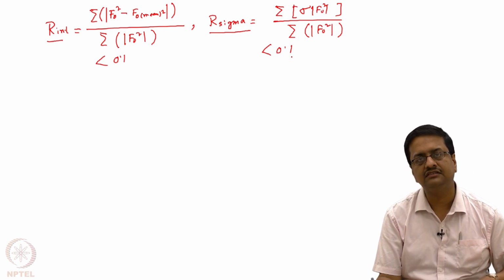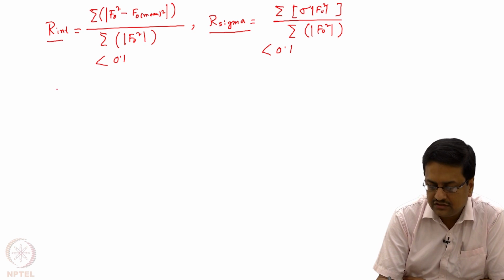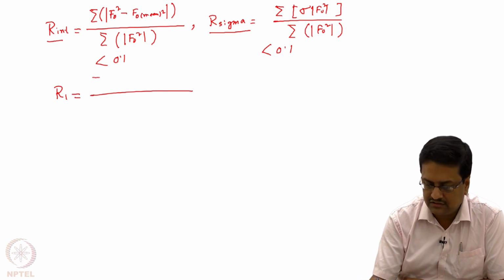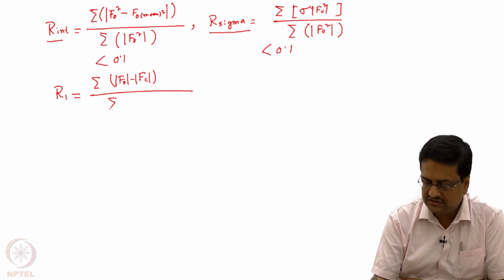The other parameters that we need to look at during this structural refinement are R1, which you will now be able to understand is again the sum over Fo minus Fc, divided by the sum over all the Fo.